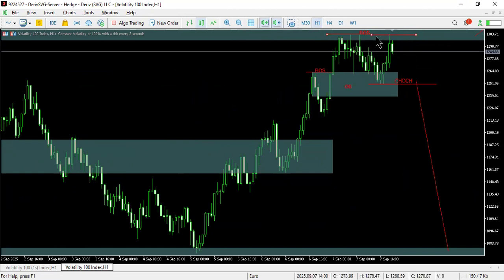We should wait for price to go and break that high so that it becomes a break of structure, and then we'll continue pushing up. However, should price break that higher low, then we'll have a change of character, and then we'll be able to place sales until at this support level.